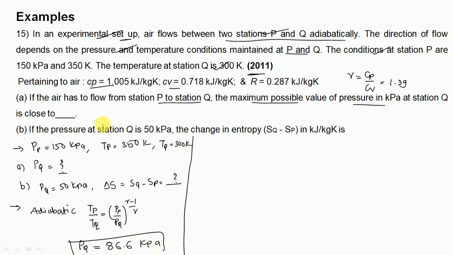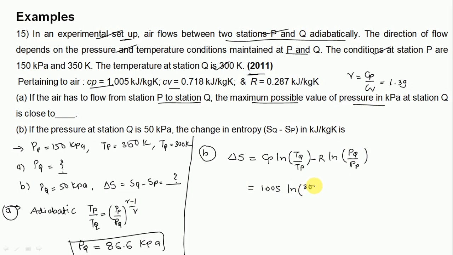But for the second answer, it is given that the value of Pq is 50 kilopascal, and we need to find delta S. So we know for the adiabatic process, from the previous relation, delta S is equal to Cp ln(T2 by T1), so it is Cp ln(Tq by Tp) minus R ln(Pq by Pp). Put in the values: Cp is given 1.005, ln of Tq 300 Kelvin over Tp 350 Kelvin, minus R, which is 0.287, ln of Pq 50 kilopascal over Pp 150 kilopascal.